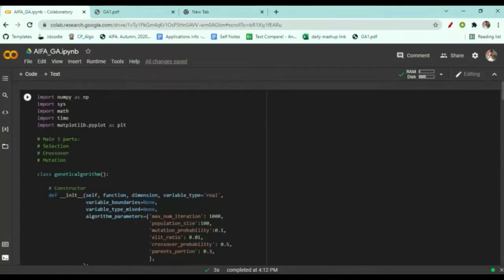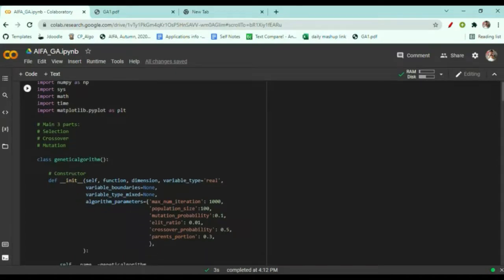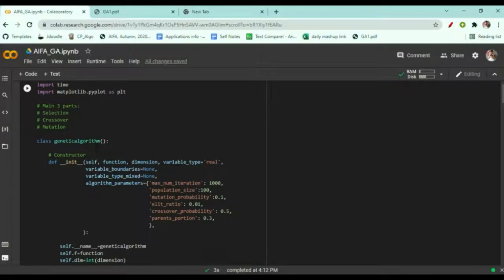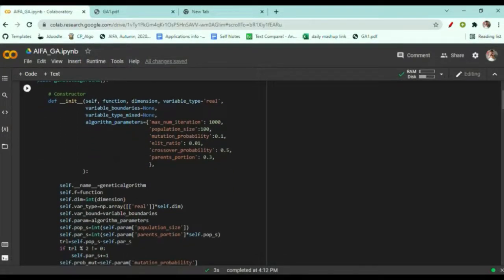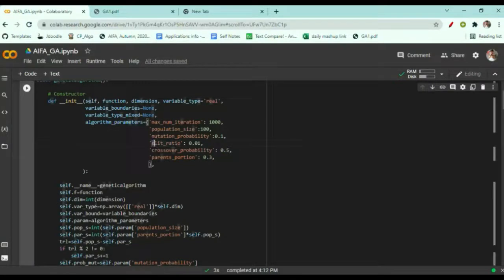Now, genetic algorithm has three main parts: selection, crossover, and mutation. We'll talk about these one by one. First, let's look at the implementation. This is the constructor. There are 6 hyperparameters: the number of iterations, the population size, the mutation probability. Now the elite ratio. Here the elite ratio is 1%.